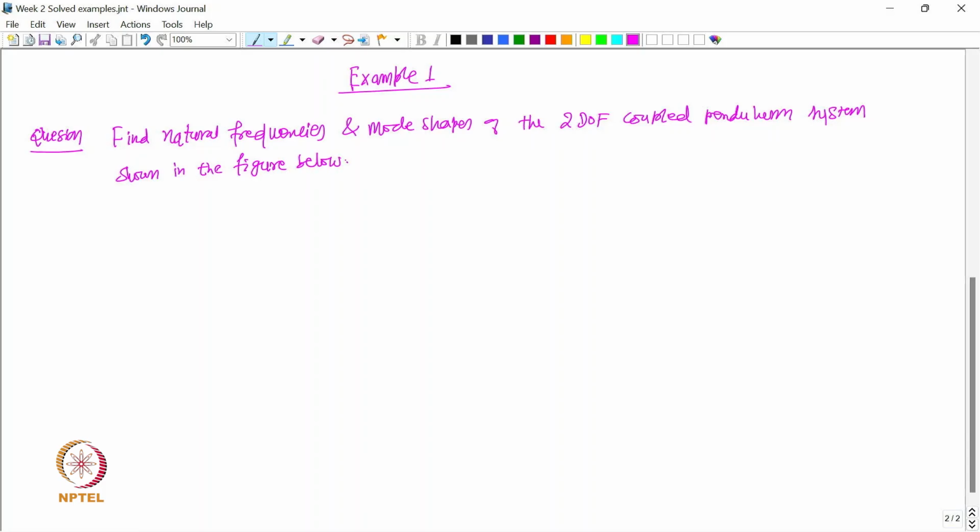Let me sketch the system now. The system is something like this.